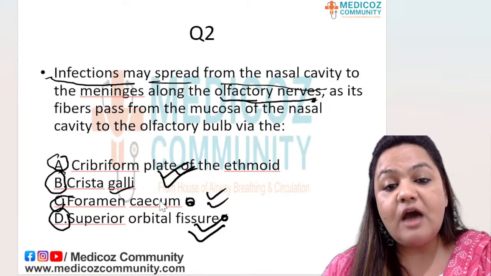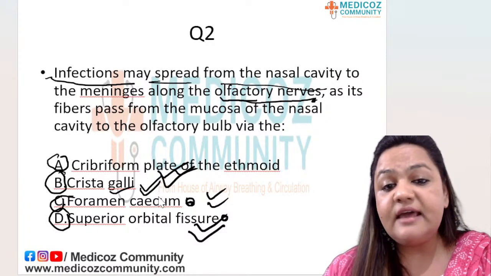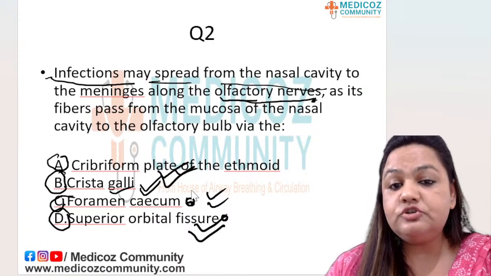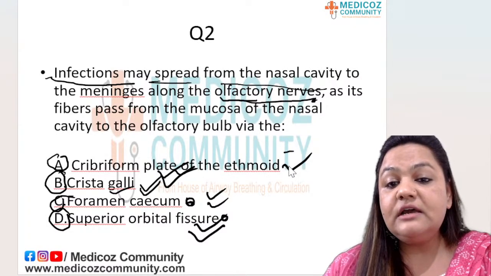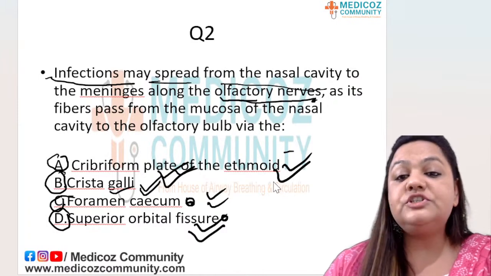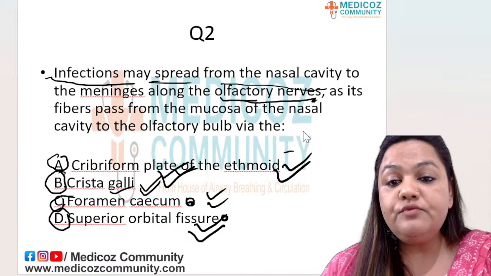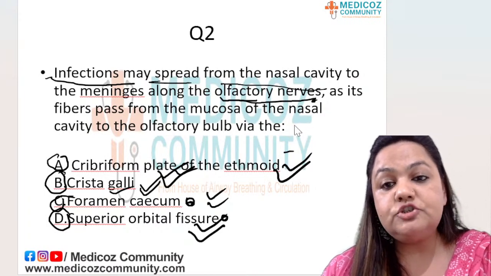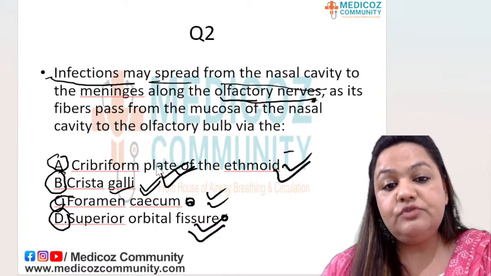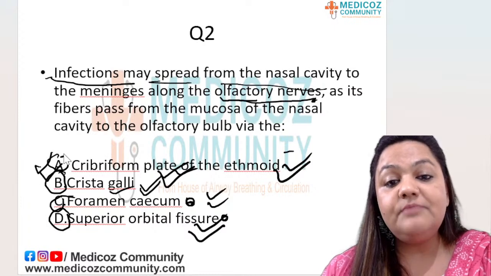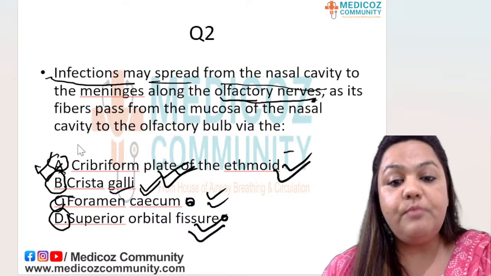Now the crista galli is a ridge-like structure, no structure can pass through it. So we are left with the cribriform plate of ethmoid bone, which is present in the middle part of the anterior cranial fossa, through which the olfactory nerve passes to the nasal cavity. So the answer is option A, cribriform plate of ethmoid bone.